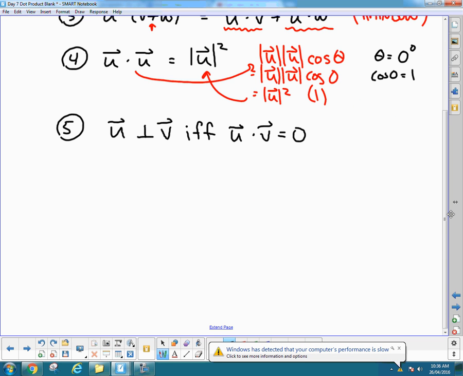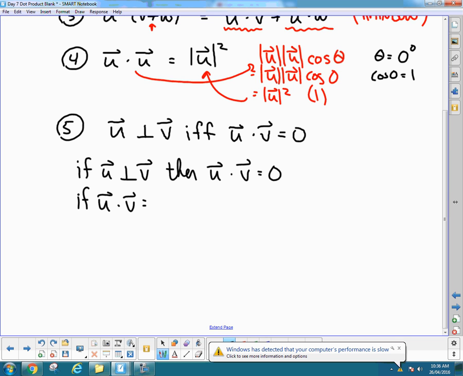What this says is if U is perpendicular to V, then U dot V is 0. And the other direction is if U dot V is equal to 0, then U is perpendicular to V. Now, not all theorems are biconditional.